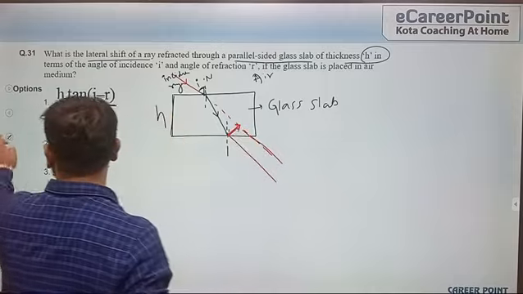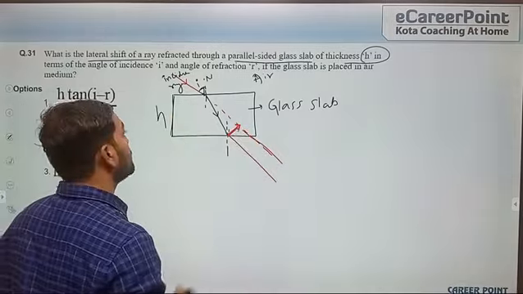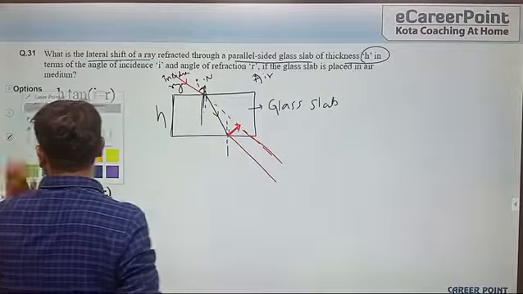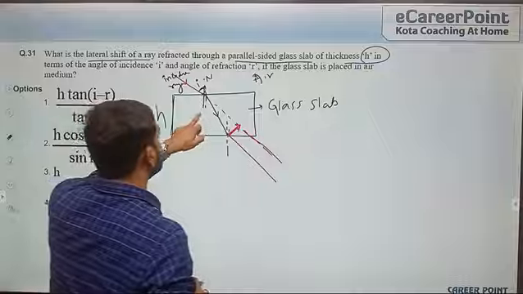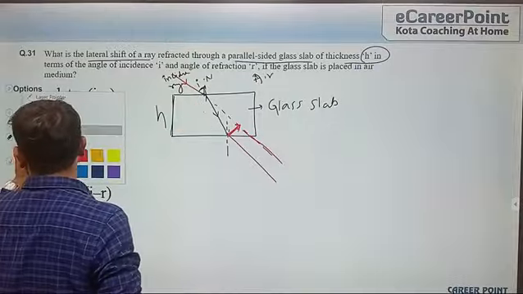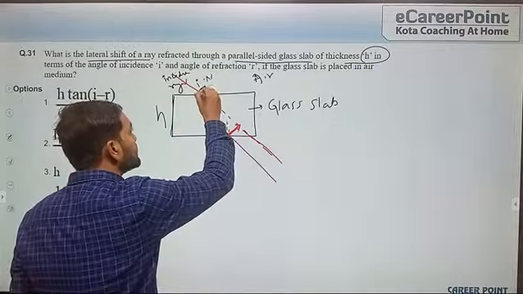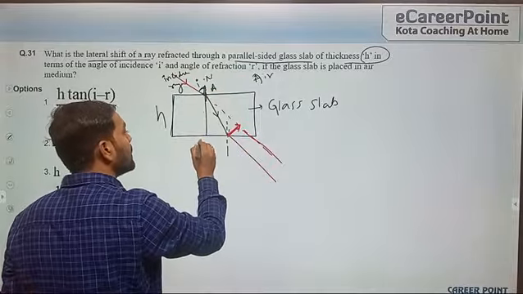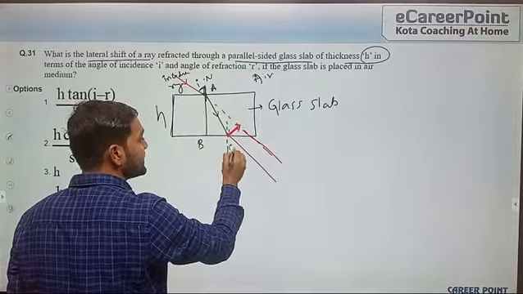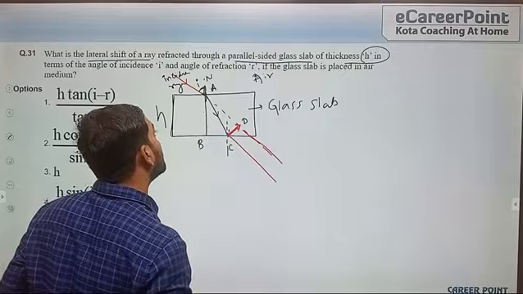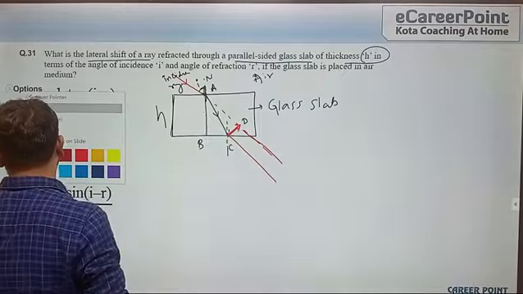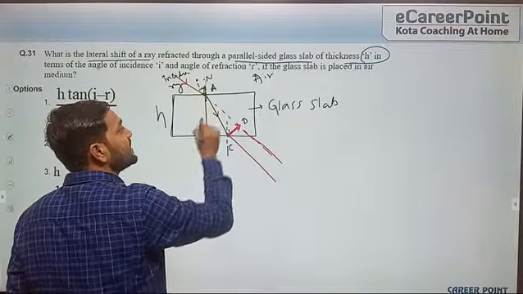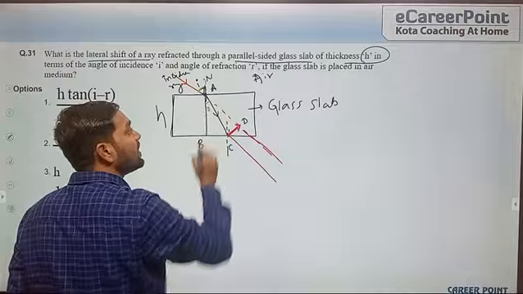Okay, so let us draw this diagram in detail. Let us name the points A, B, C and D. Here this is our angle of incidence and this is the angle of refraction.